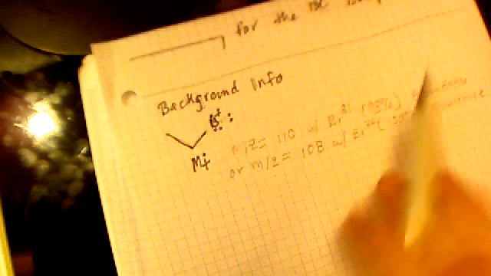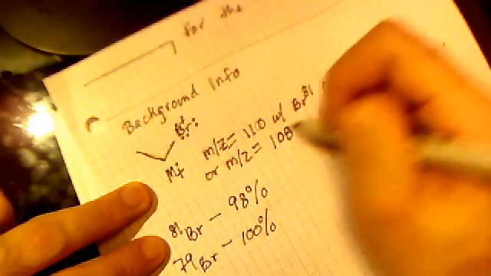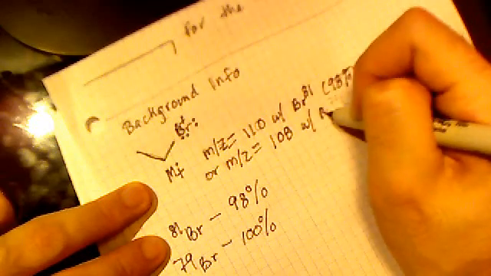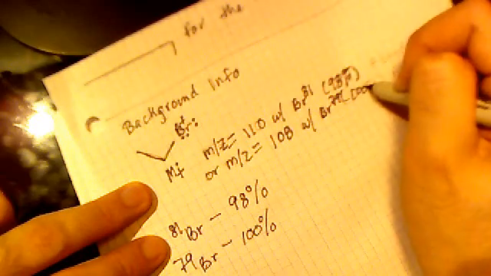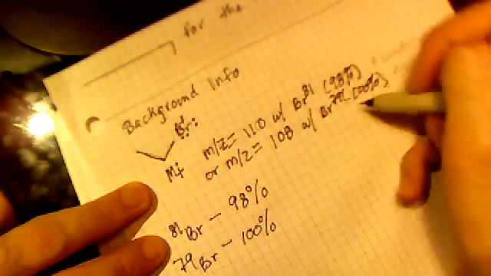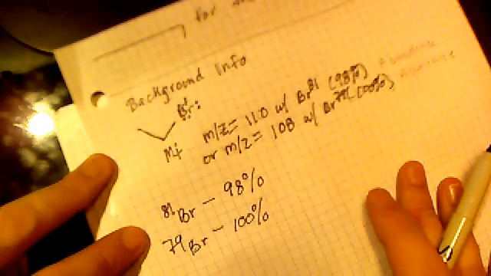Or you could have a mass to charge ratio of 108 with bromine 79, which is 100% ratio.